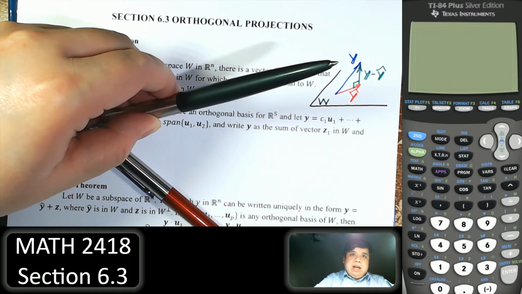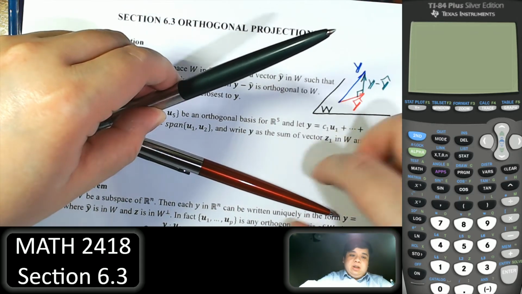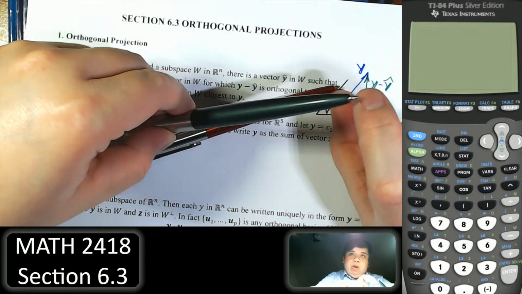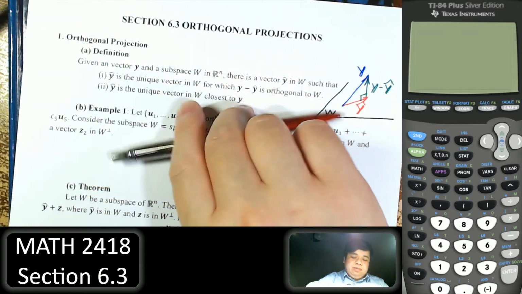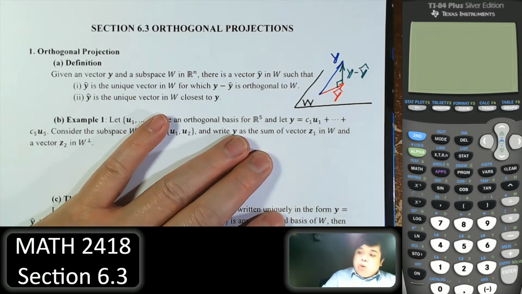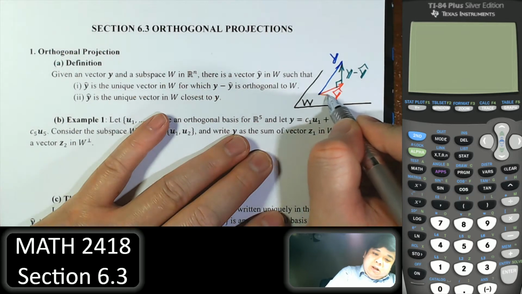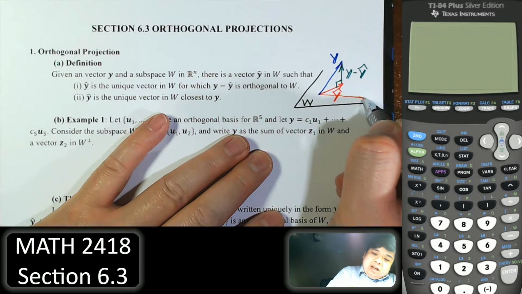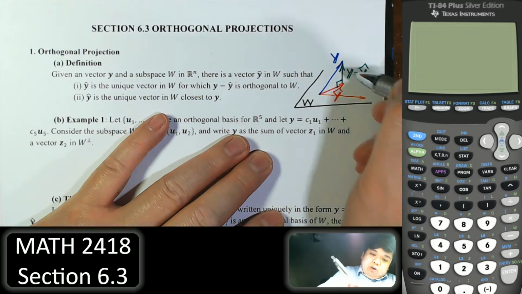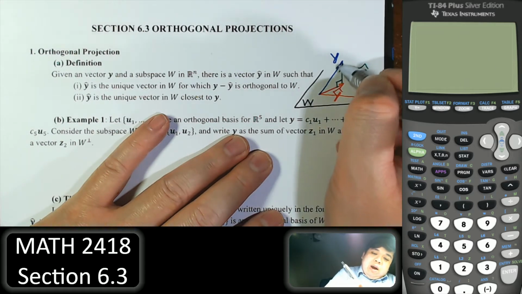Of course, if I have a random vector like this, that is not going to be the closest. If it is the orthogonal projection, that will be the closest one. If I have another vector that is also on W but is not the orthogonal projection, then this distance is going to be longer than y minus y hat.